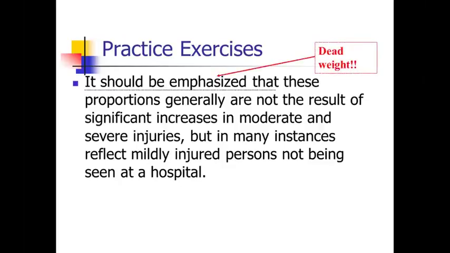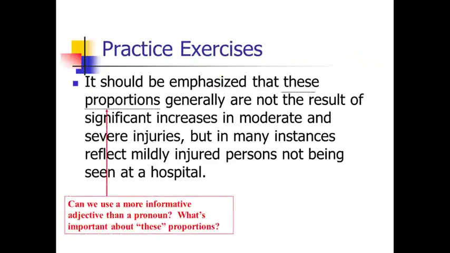Again, the fact that you are writing about something in your paper means you're putting emphasis on it. You don't need to add this little clearing of the throat at the beginning. So "it should be emphasized that" can probably be cut completely. It's just kind of dead weight. Then we move along and we see "these proportions." Now, obviously the authors here are referring back to something they've been talking about in the previous sentence.